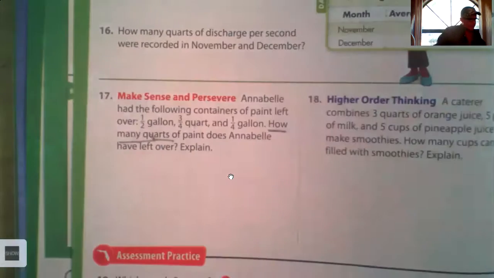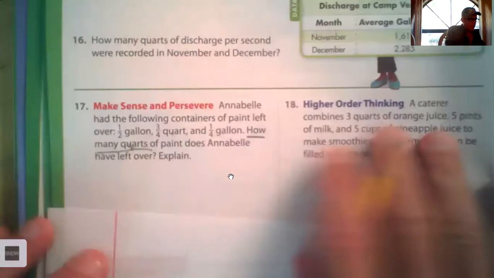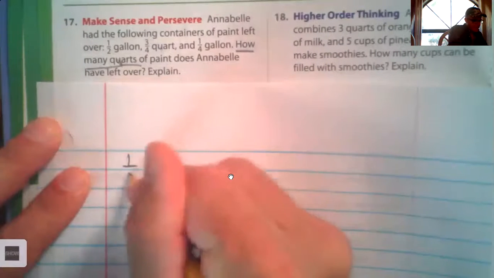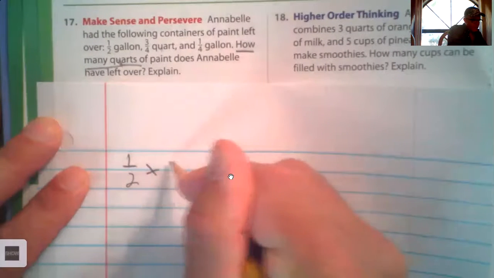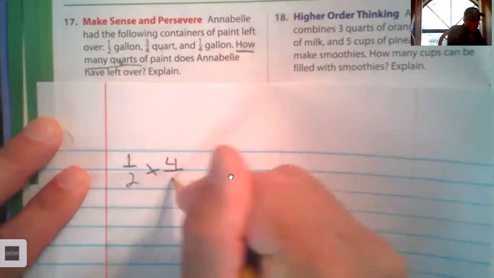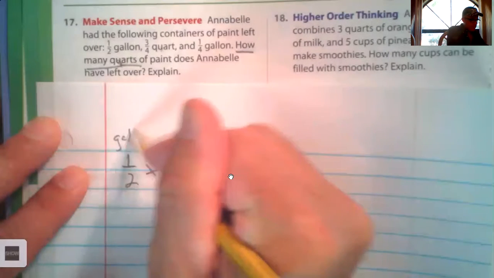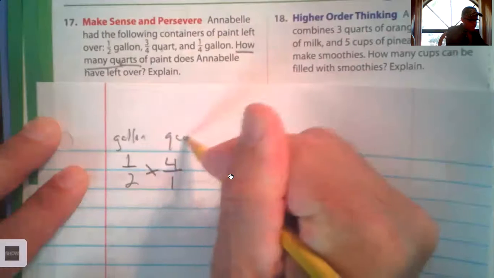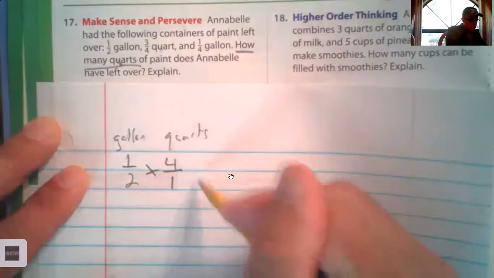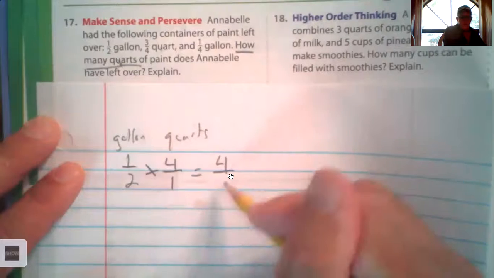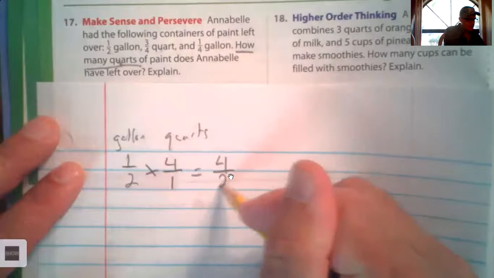For the first one, we are looking at 1/2 gallon. How many quarts does 1/2 gallon equal? We're going to say 1/2 gallon times 4 whole quarts. This is my gallon right here, and my quarts. We multiply our numerators, 4, multiply our denominators, we get 2.